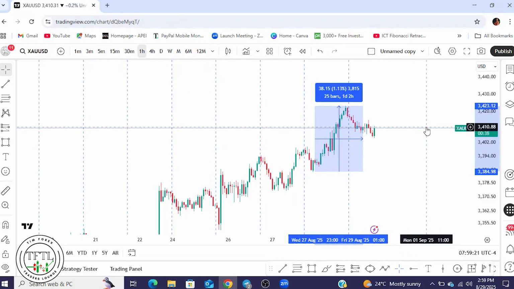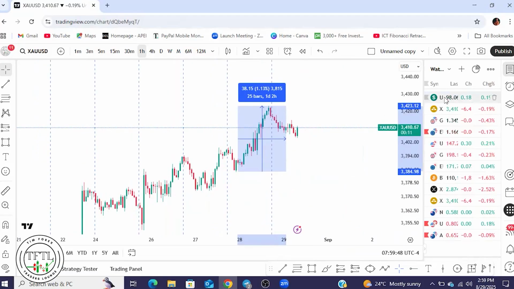The big picture here is, number one, the US dollar, that is the DXY. Gold is inversely correlated with the USD. Anytime we have a strong dollar, it usually means weaker prices for gold, a bearish sentiment for gold. Anytime we have a weaker dollar, it means a bullish trajectory for gold.